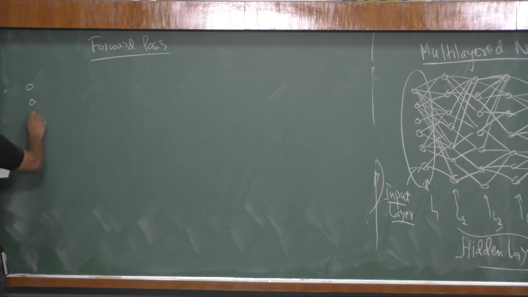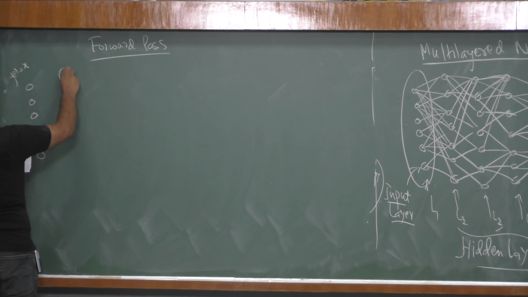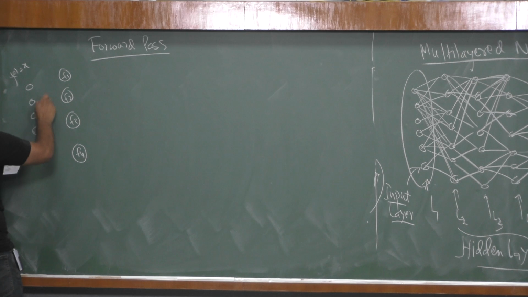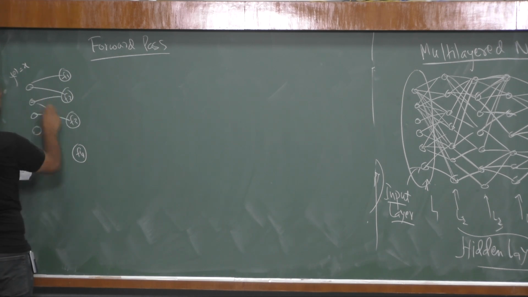So let us say I have these inputs, and let us say I redefine some notations here. Then here I have f1, f2, f3, f4, and these are the connections we have.